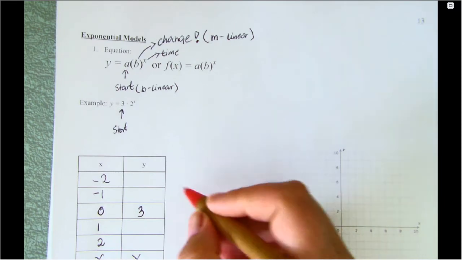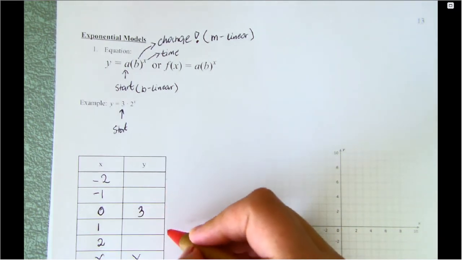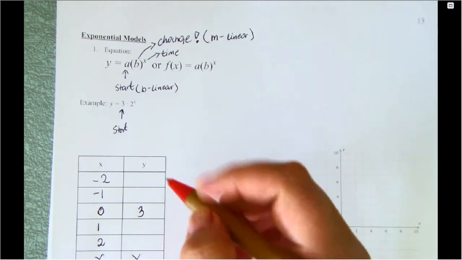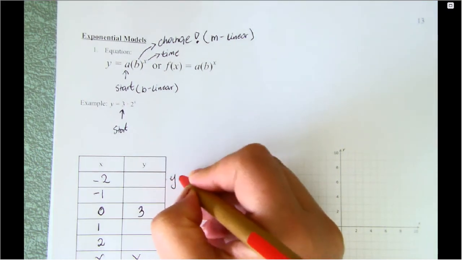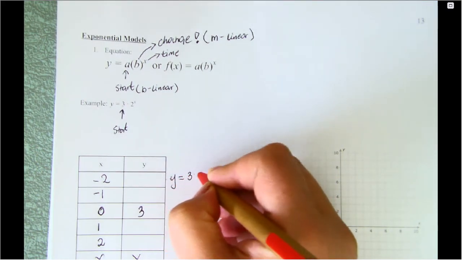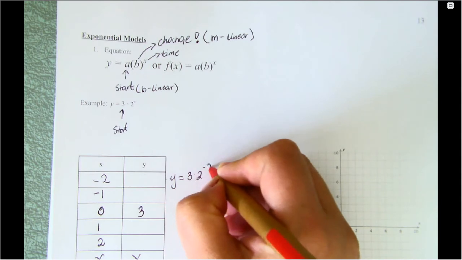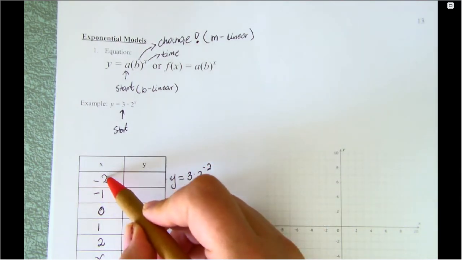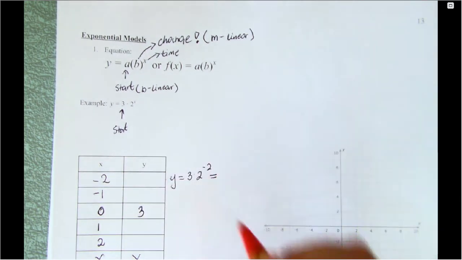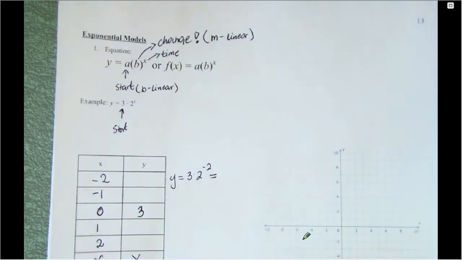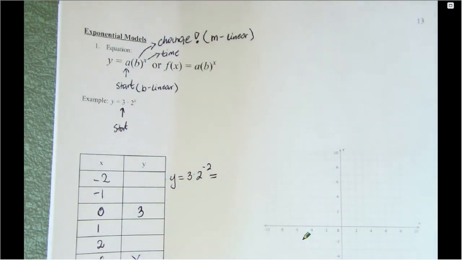Now, there's 2 ways of finding the y values here. You can either use your formula, y equals 3 times 2 to the negative second power, because now x is negative 2. And we can put it in the calculator. If I find my calculator, here it is.